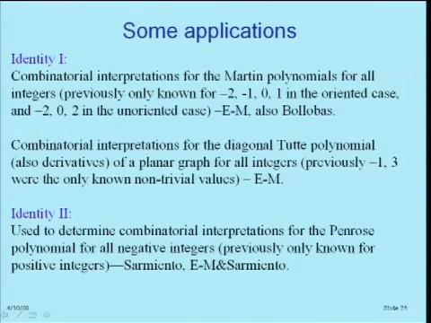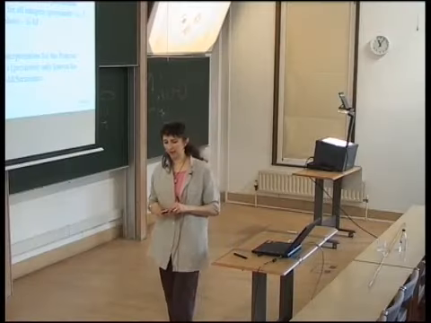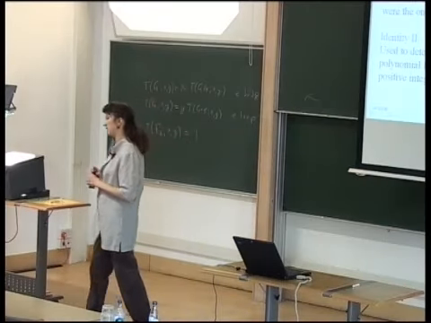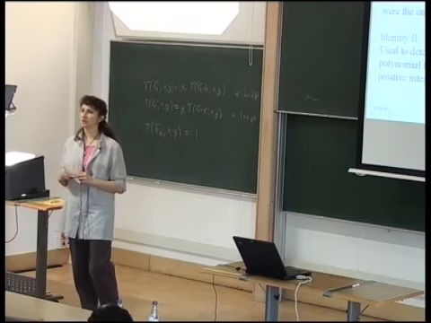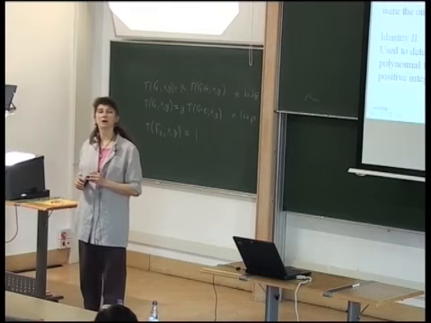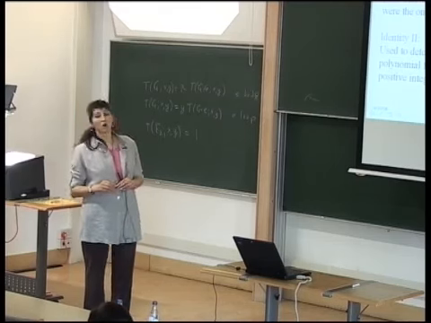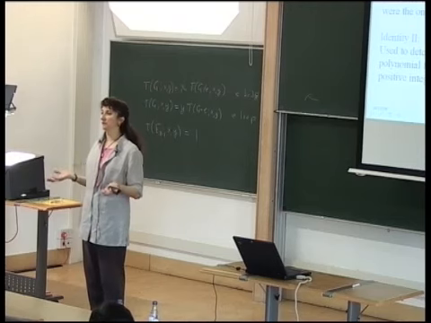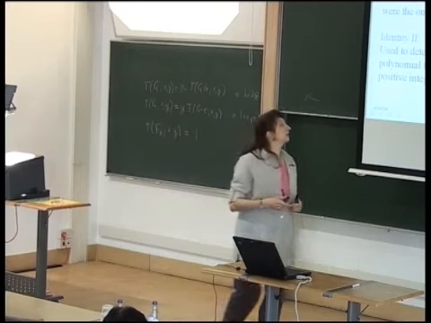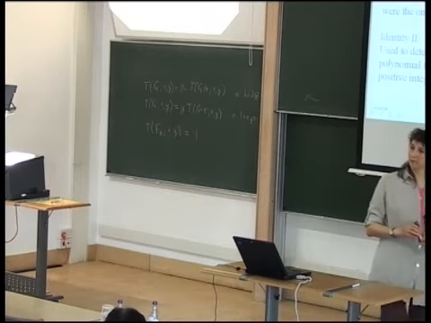Because of that medial graph connection between the Tutte polynomial and the circuit partition polynomials, we were able to give combinatorial interpretations for the Tutte polynomial on the diagonal, again for all integers, whereas previously, other than the trivial stuff like (1,1) and (0,0), it had only been known for -1 and 3.